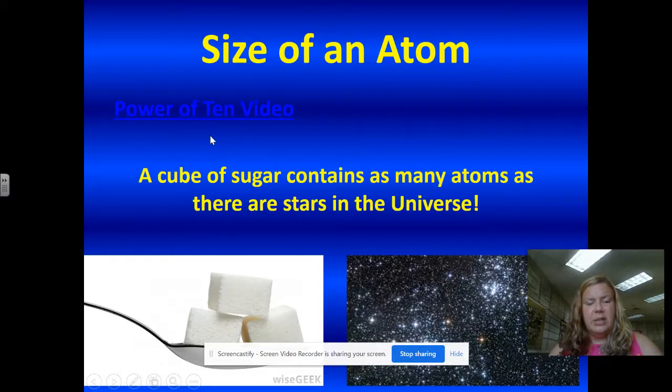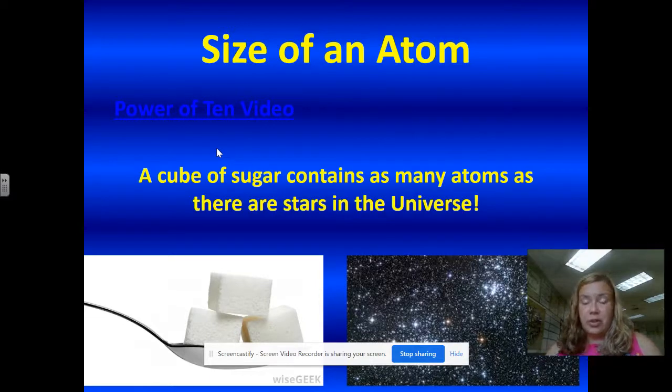The reason why I like this Power of 10 is because you have been studying biology, and so you're thinking cells. Your mind's on cells, oh my gosh, they're so tiny, we have to look through a microscope. And I want you to imagine what the size of an atom is in comparison to everything else. Another thing I also love here, it says a cube of sugar contains as many atoms as there are stars in the universe.